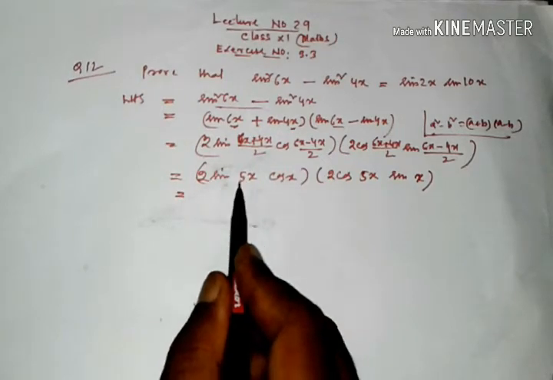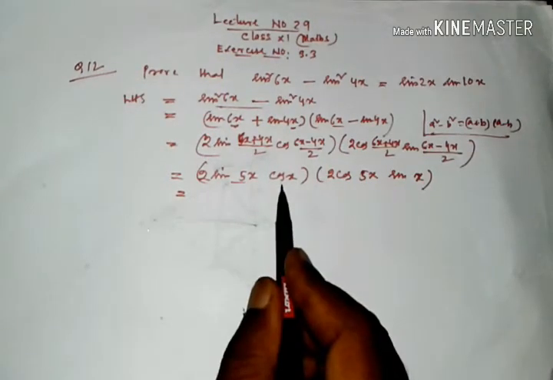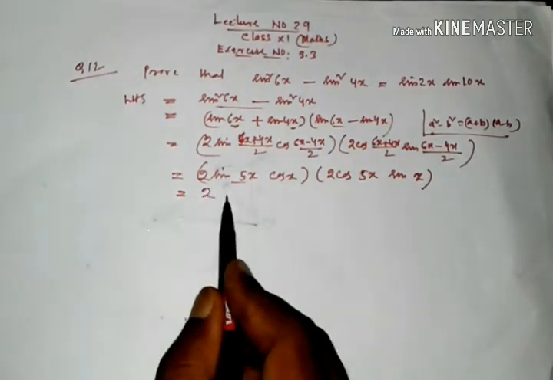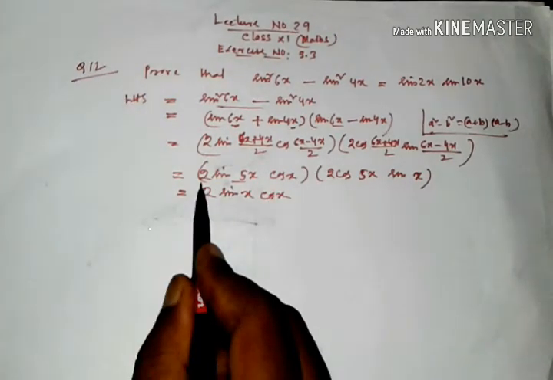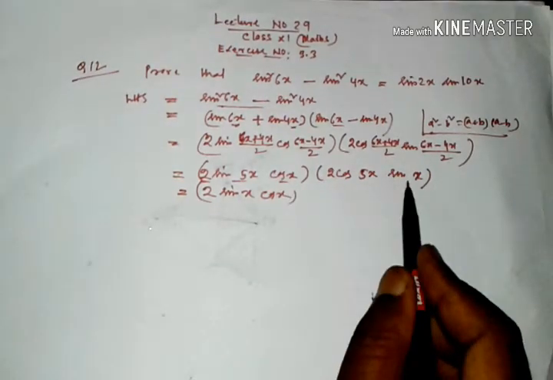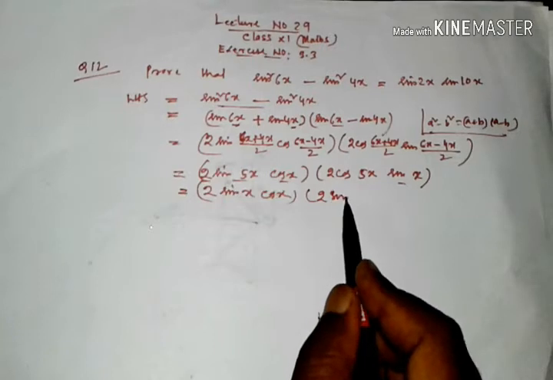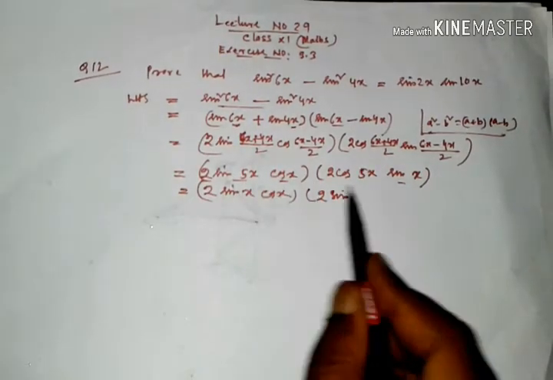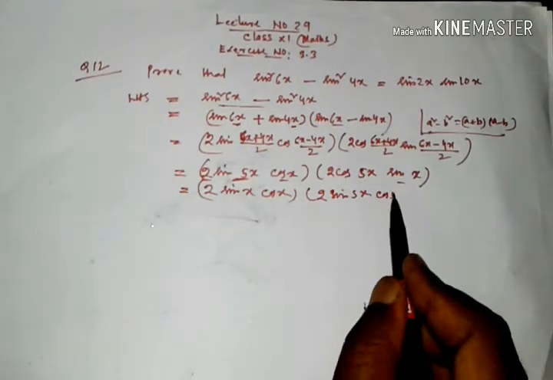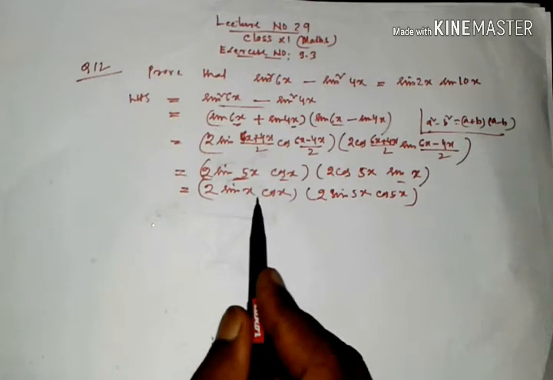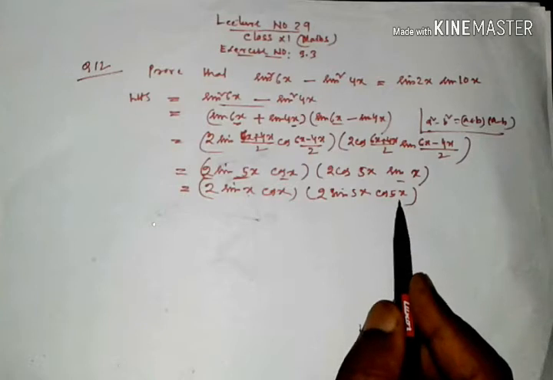So the first factor is 2 sin 5x cos x, and the second is 2 cos 5x sin x. Now we combine sin 5x with cos 5x, and sin x with cos x, combining x with x and 5x with 5x.